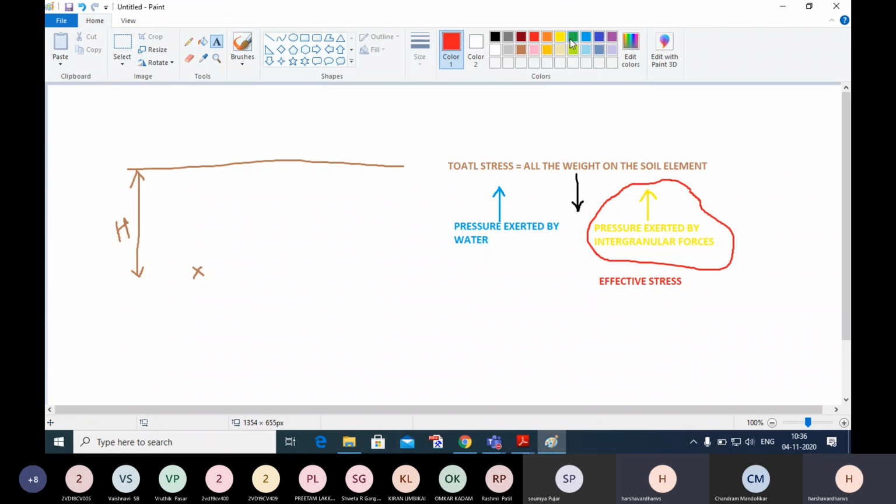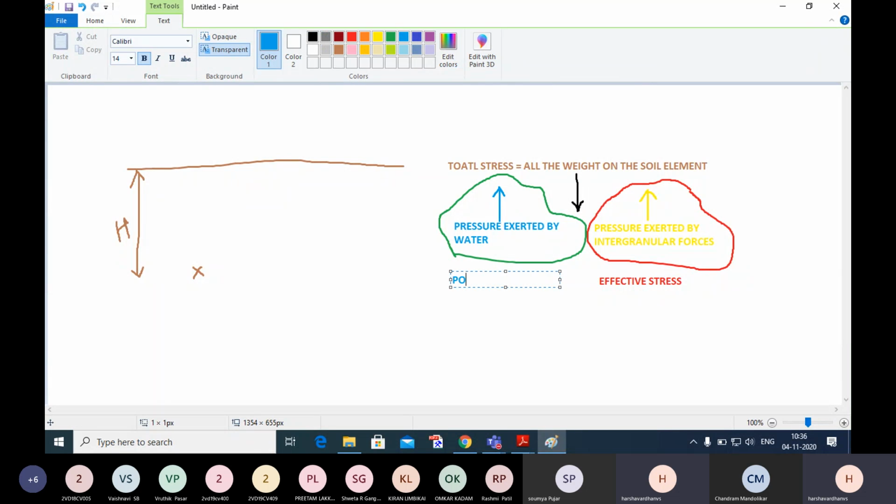But you can calculate the pore water pressure. The pressure exerted by water is also called pore water pressure, or simply pore pressure.